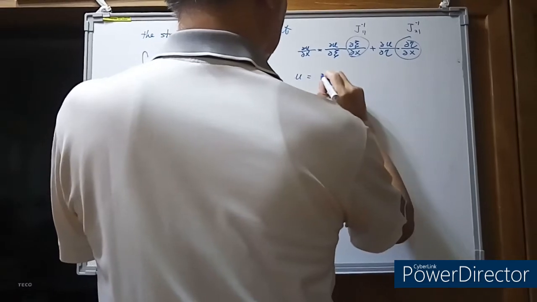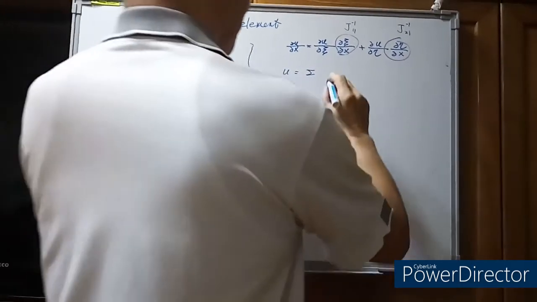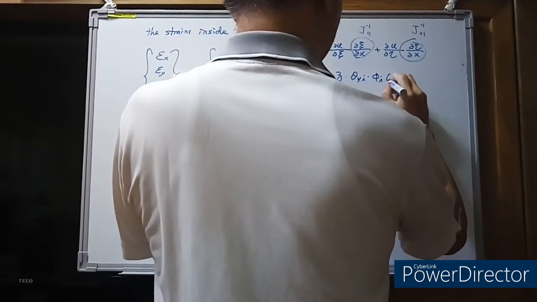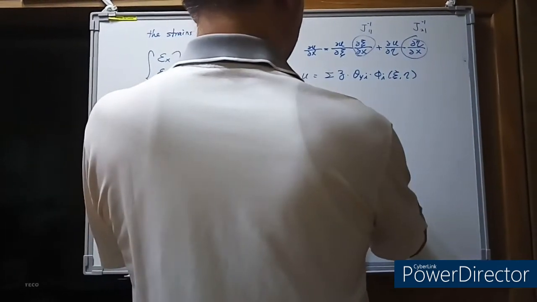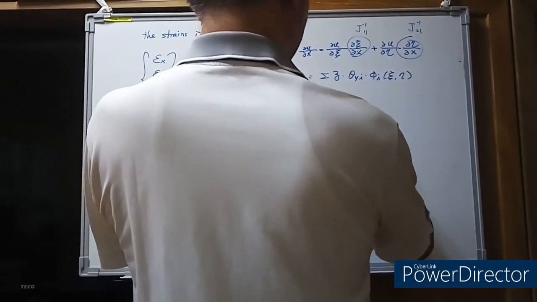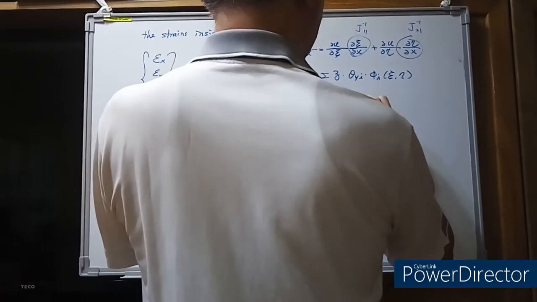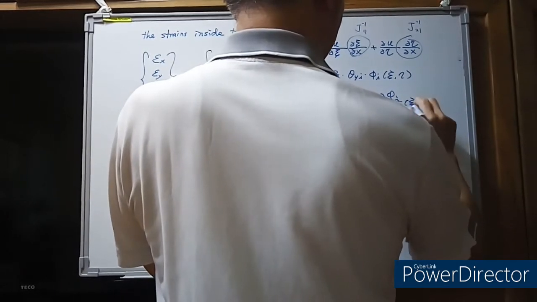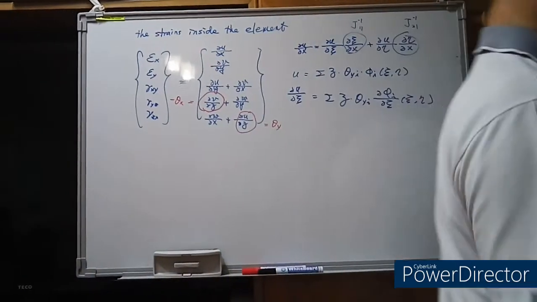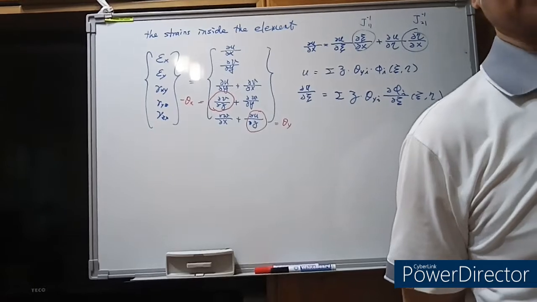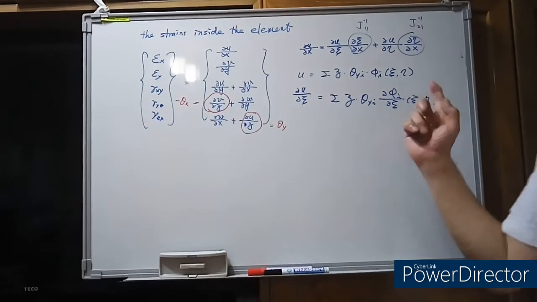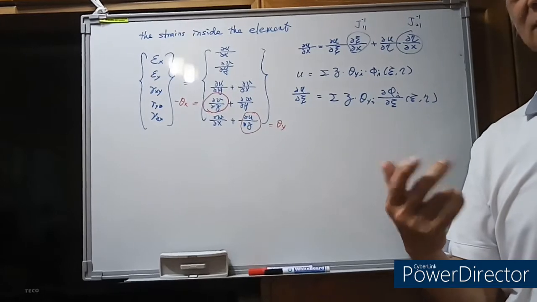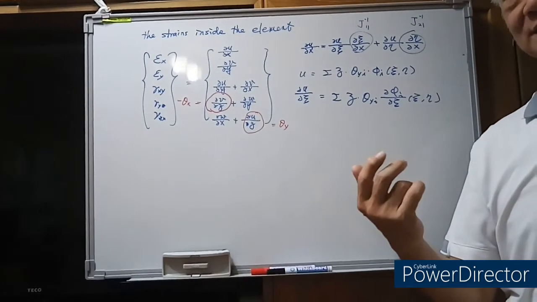Remember, the U is equal to the... Since we know all the shape functions, no matter the number of the nodes for this element, we know all the phi functions, and for those known functions, we can calculate their derivatives about the Xi and their derivatives about the eta.